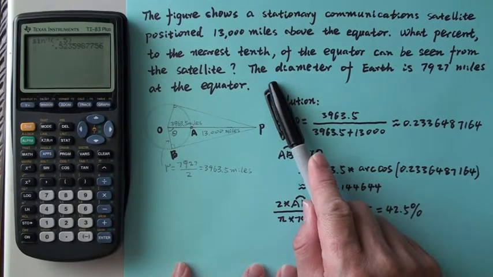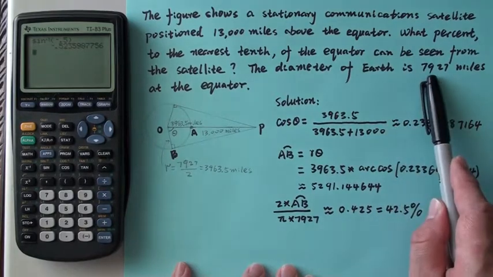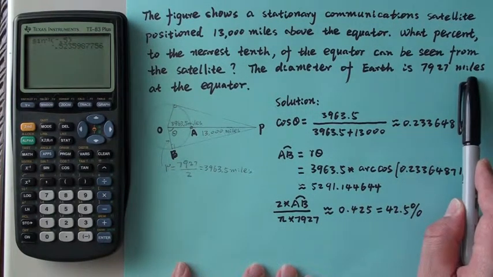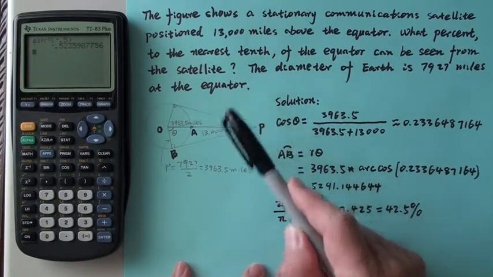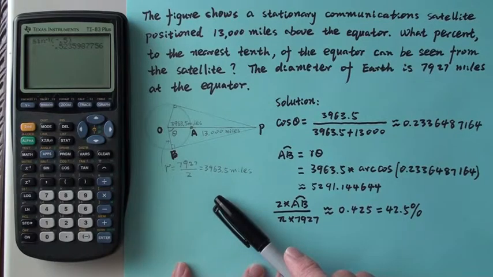And here the diameter of the Earth is 7,927 miles at the equator. Okay, so how are we going to do this one?